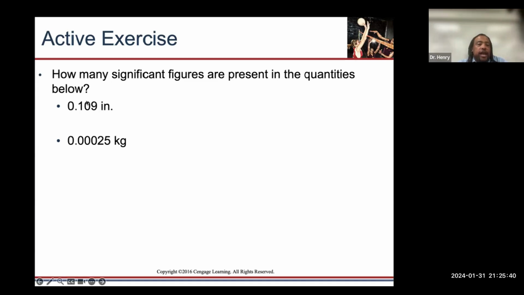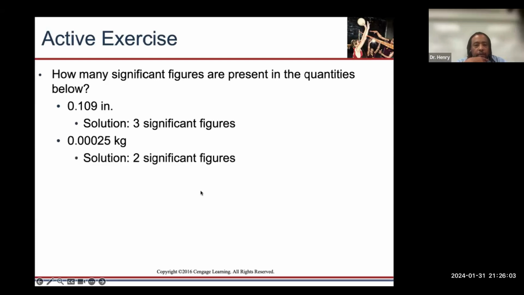How many sig figs do we have here? That's right. We have 3 sig figs. Okay. What about the second number? 0.0025? 2. That is correct. We have 2 sig figs. Okay.